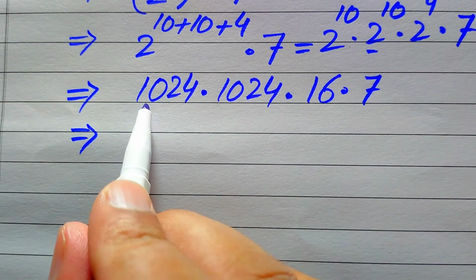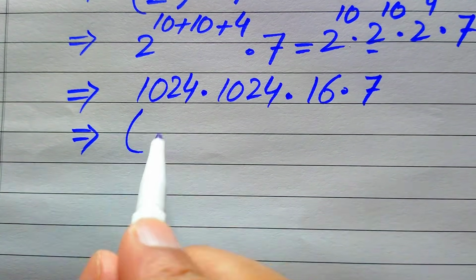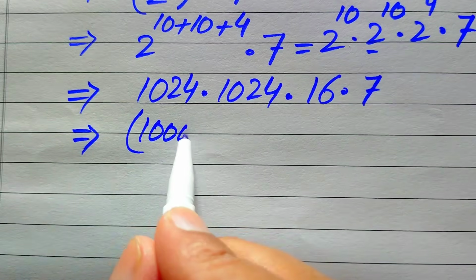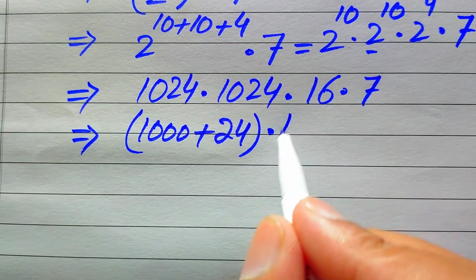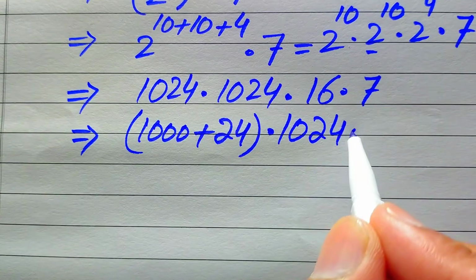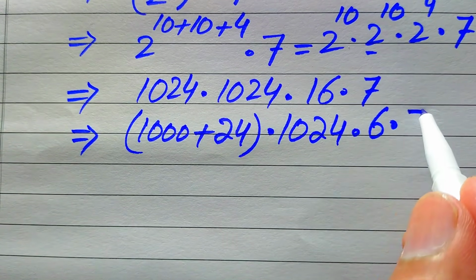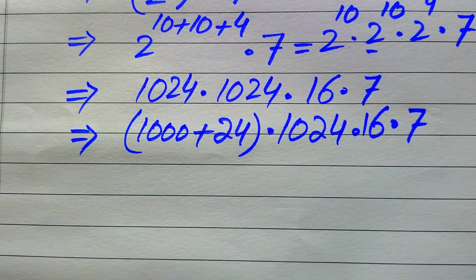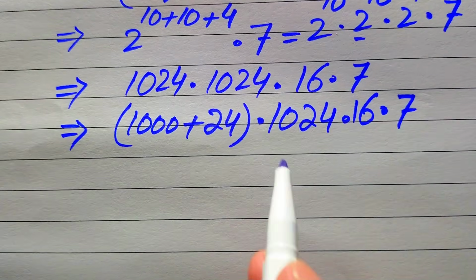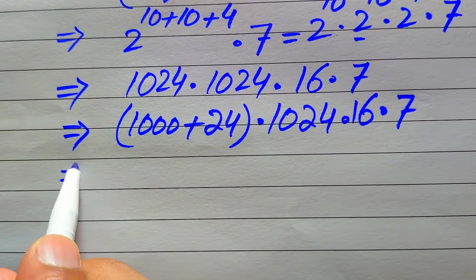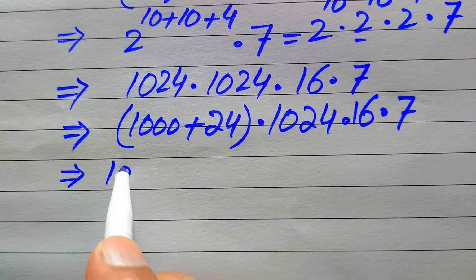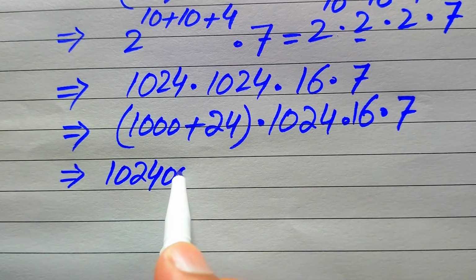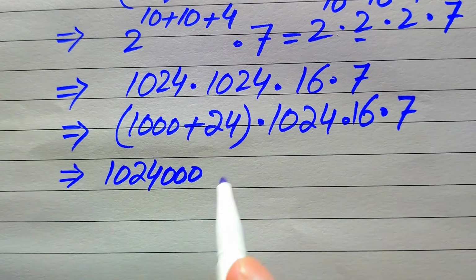Here we multiply all these values, and first we multiply these two bigger numbers. For this we break 1024 and write it as 1000 plus 24, multiplied by 1024, times 16, times 7. We multiply this number separately with each of these values. When we multiply it with 1000, it will be written as 1024 and we just write these three zeros here.